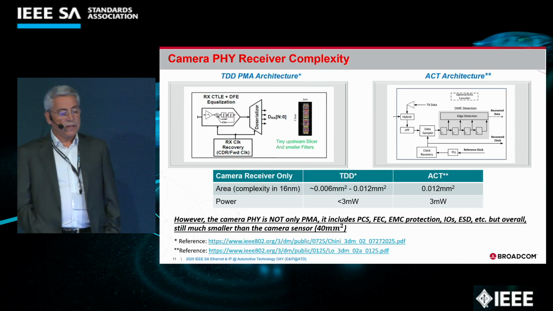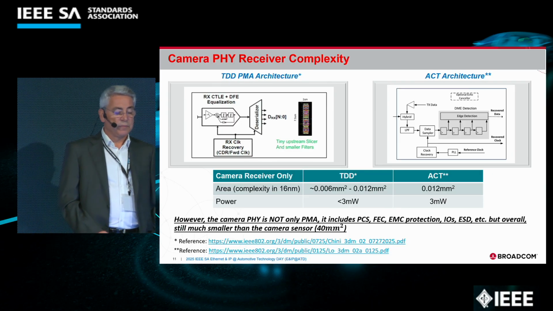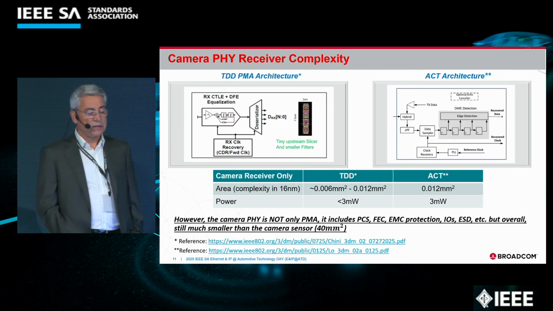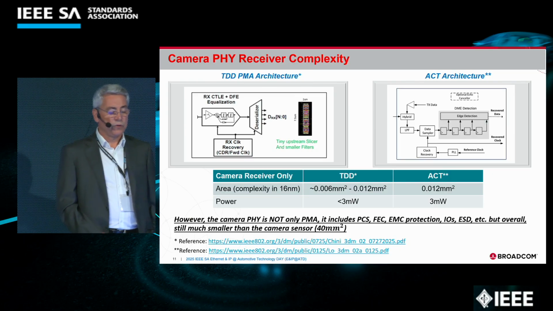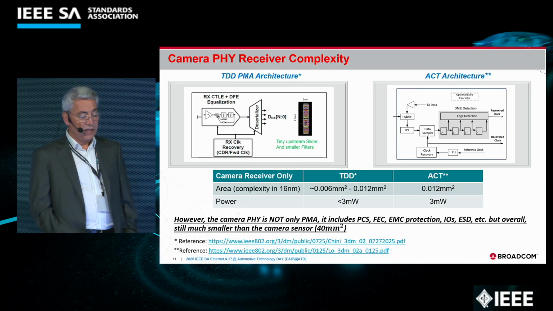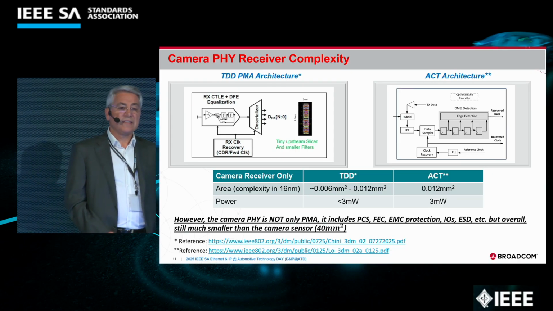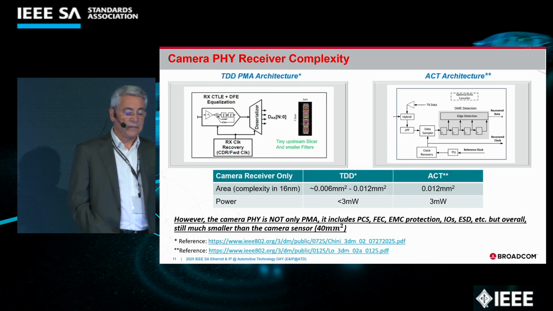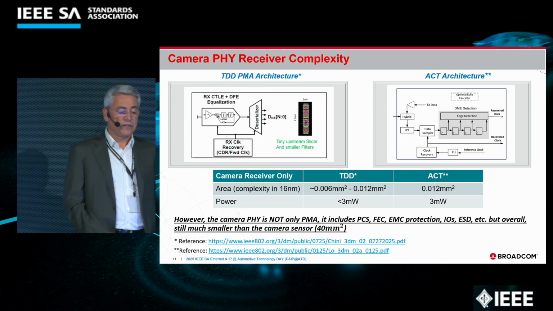Now, let's take a look at the camera PHY receiver complexity. Camera PHYs are important from an integration point of view between the sensor and the receiver. So this was extensively studied and discussed in 802.3DM, and two different architectures are shown here.